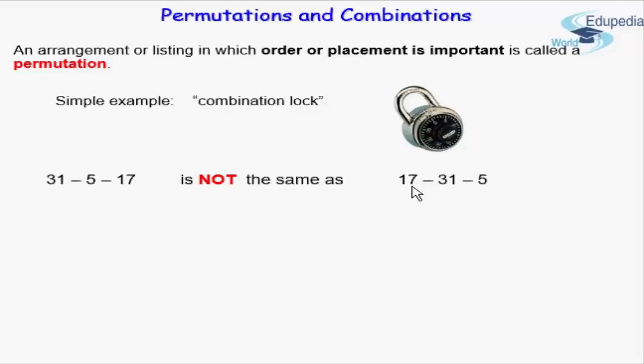So we'll say that 17, 31 and 5 is actually a permutation, because if you enter 5, 17, 31 or 31, 5, 17, no matter how you enter this, you're never going to open the lock. So in this particular scenario, the arrangement and the order is important. That's why this is known as a permutation. If it were not important, that would be a combination, but we'll talk about that later. Forget that for now.